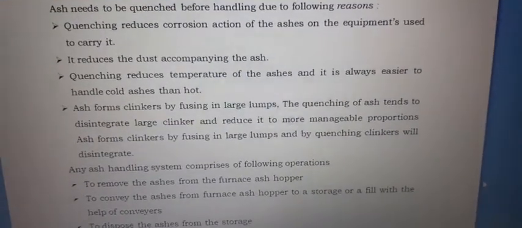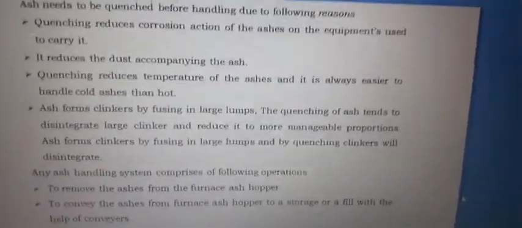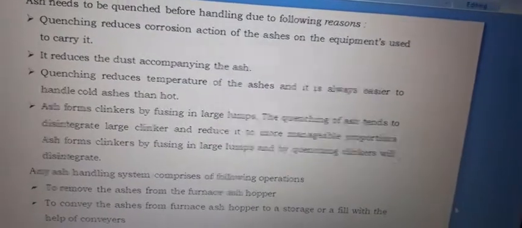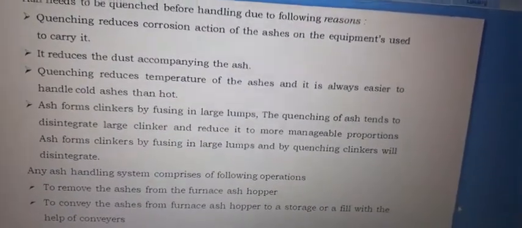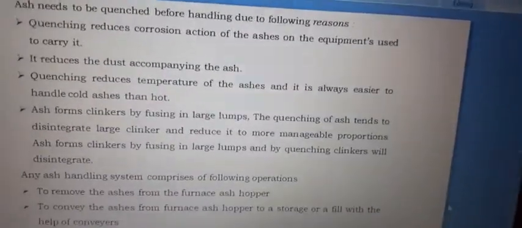Quenching reduces the corrosive action of the ashes on the equipment used to carry it. It reduces the dust accompanying the ash. Quenching reduces the temperature of ashes, and it is always easier to handle cold ash than hot.